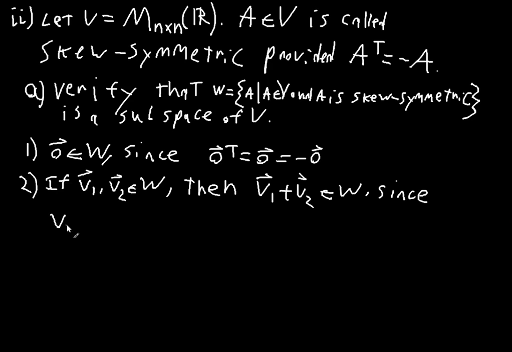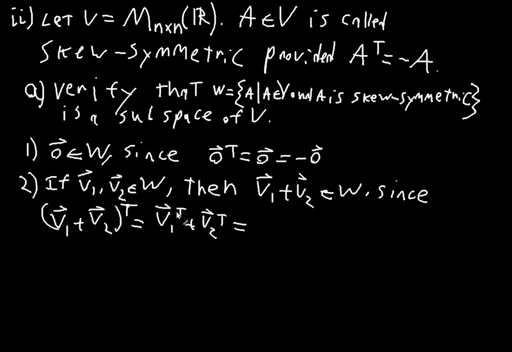So if we take v1 plus v2 and we apply the transpose, we know that the transpose is linear, breaks up over addition, so we get that this is v1 transpose plus v2 transpose.